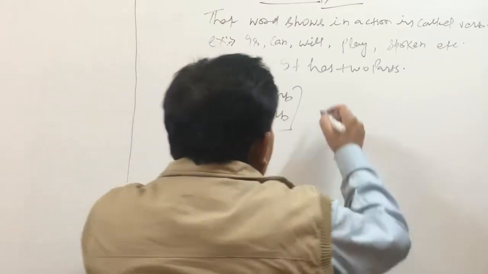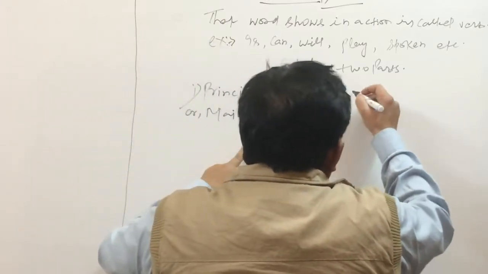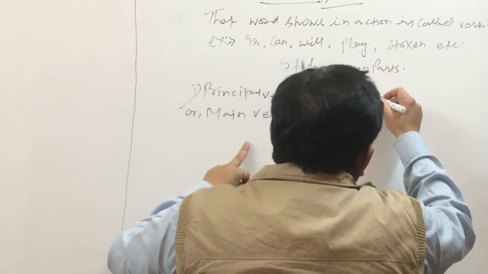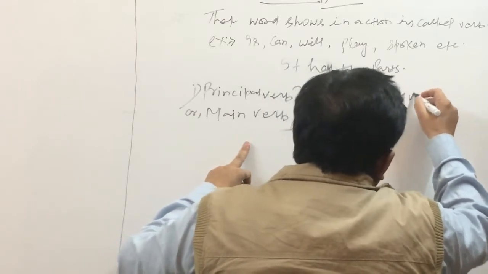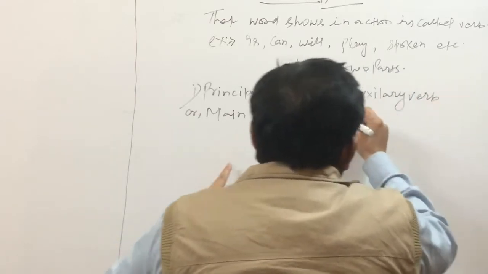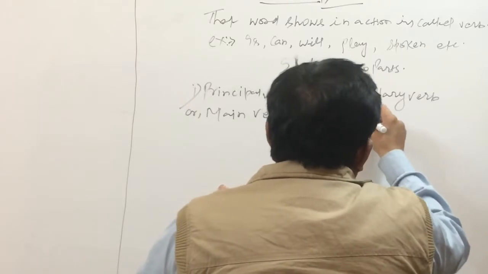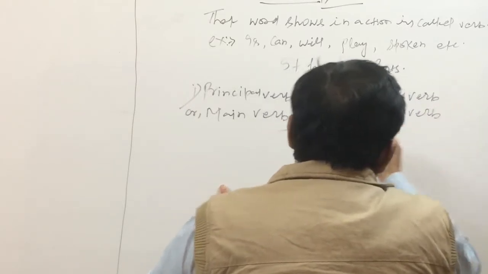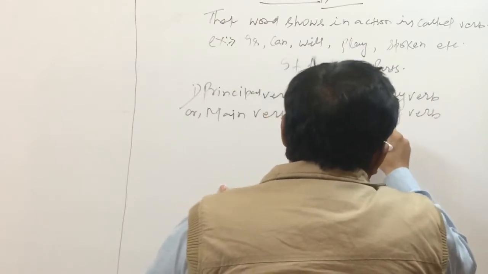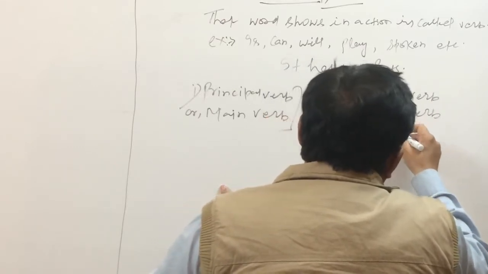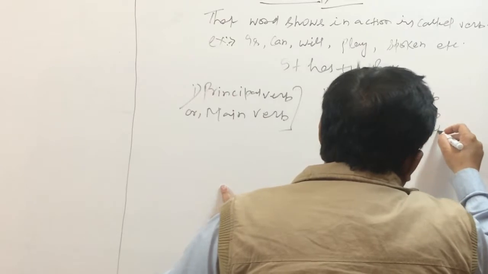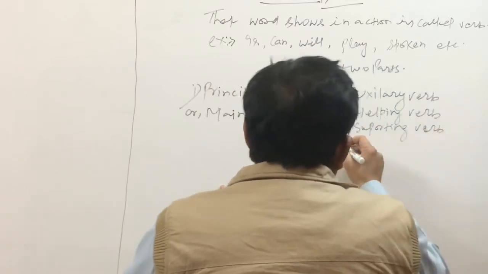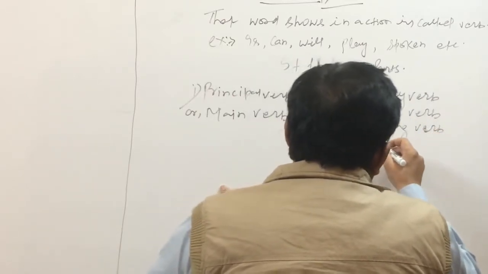Now the second part is the auxiliary verb. Somebody says it's a helping verb, somebody says it's a supporting verb. And now the new word is anomalous.